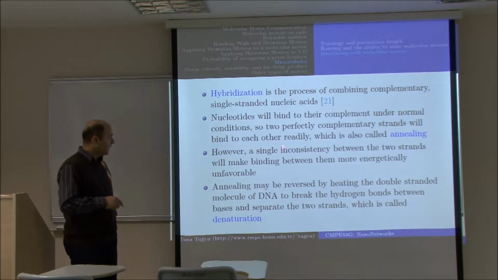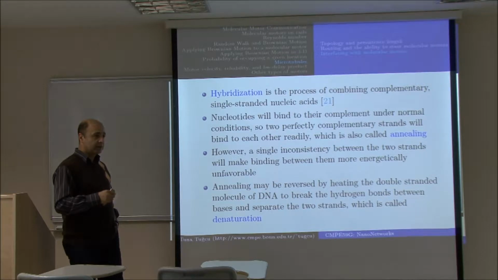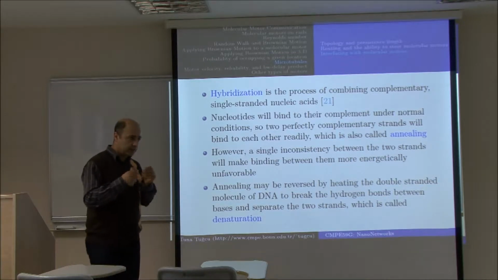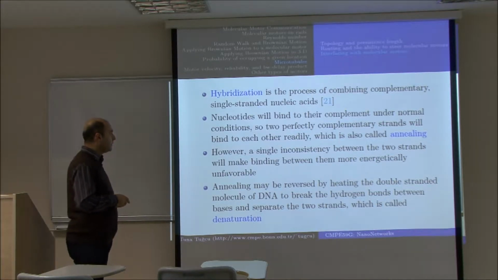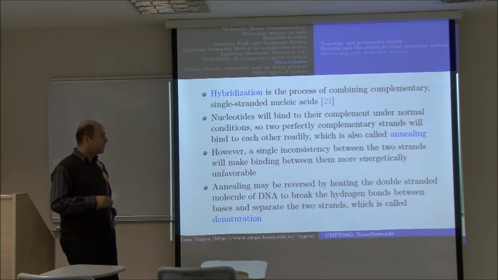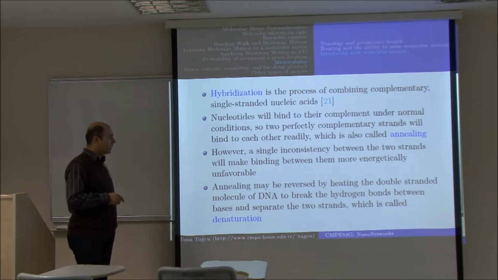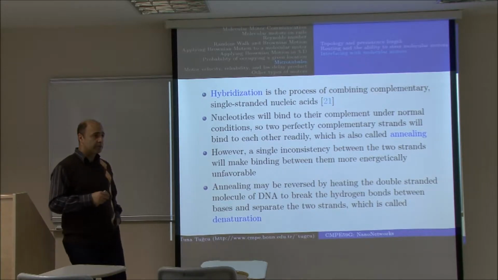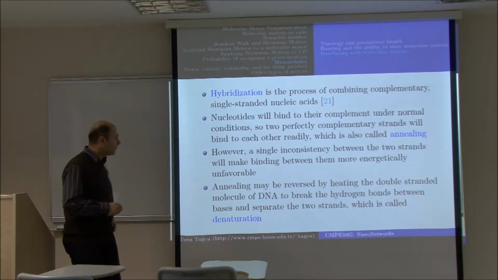However, if there is a single inconsistency between these two strands, where you have an inconsistency between two nucleic acids that were meant to be complementary, then the binding between these strands will not be so favorable in terms of the energetic relation in between.